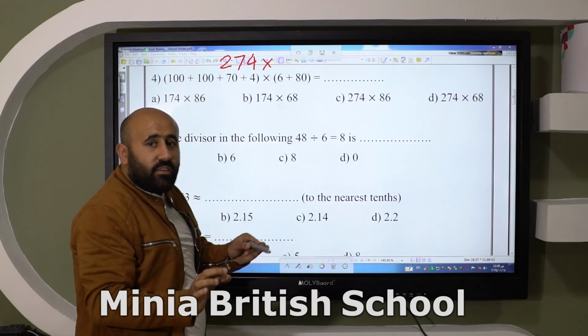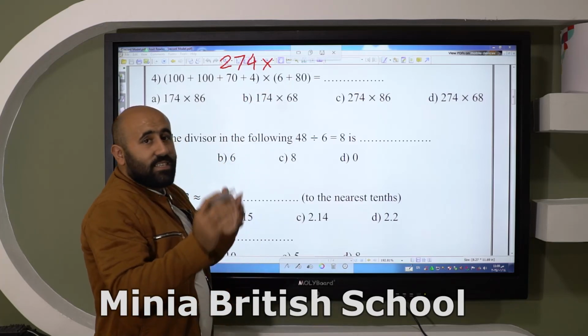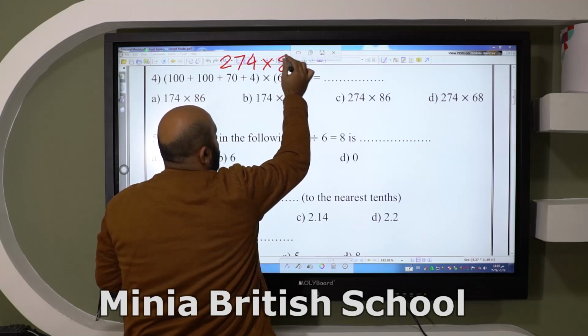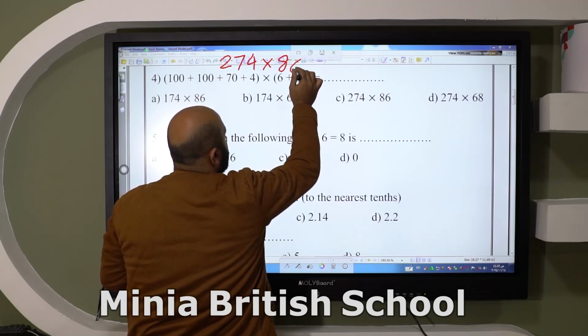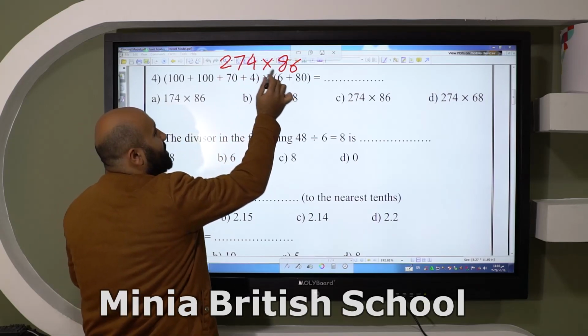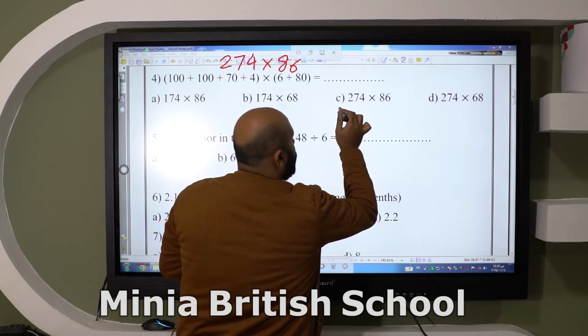The same way, 6 plus 80 equal 86. So I will put it right just like this: 274 times 86. I will go with this choice.